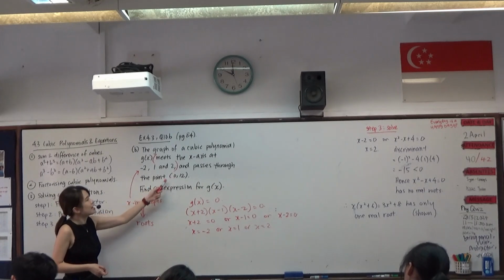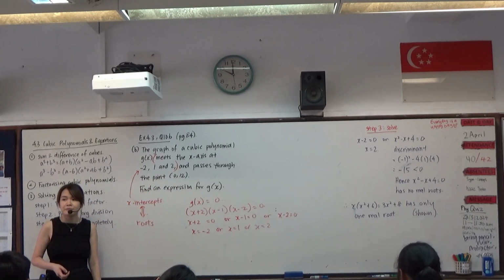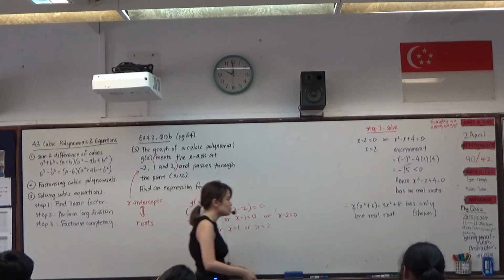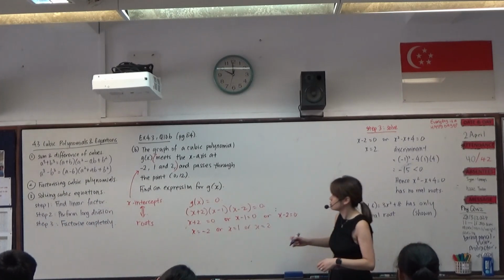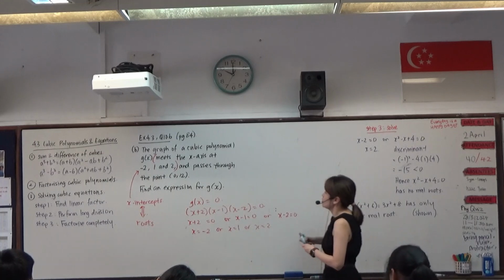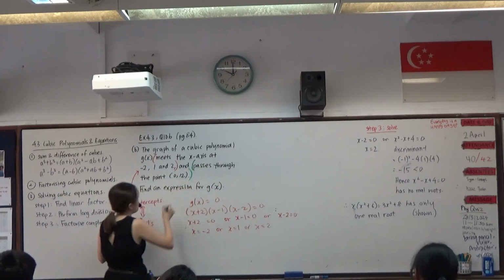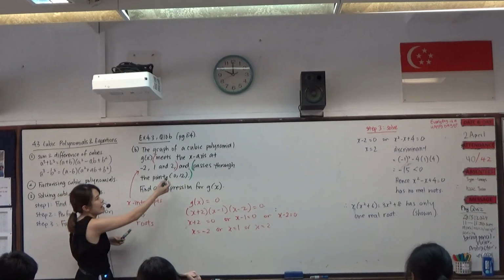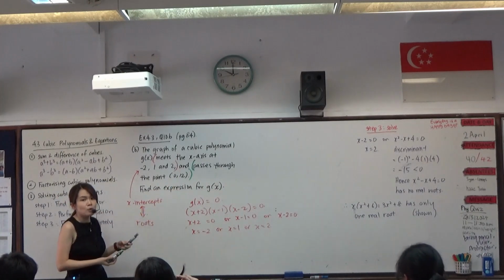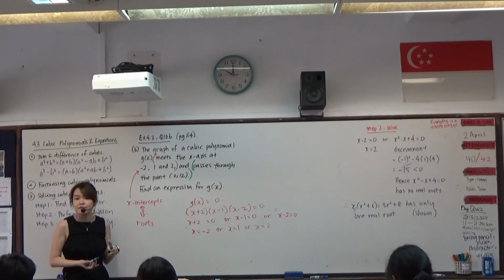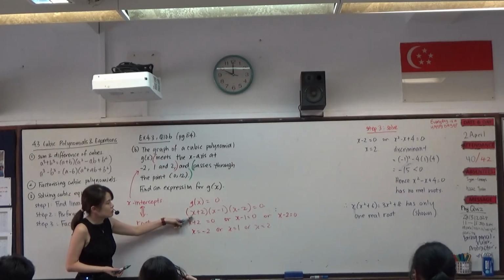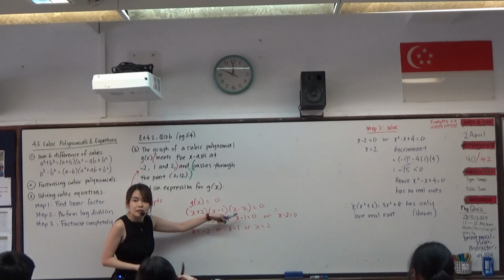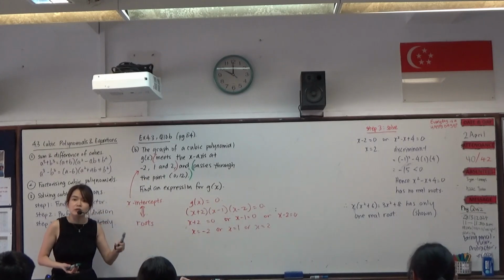Because actually there's another piece of information. They tell you that it passes through the point (0, 12). So what does passing through (0, 12) mean? Y-intercept, yes. It also means that when x is 0, my output y should be equal to 12. So if I substitute in 0 for x, the value I get should be equal to 12.